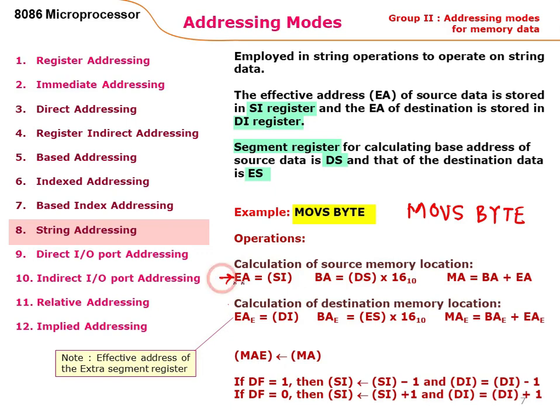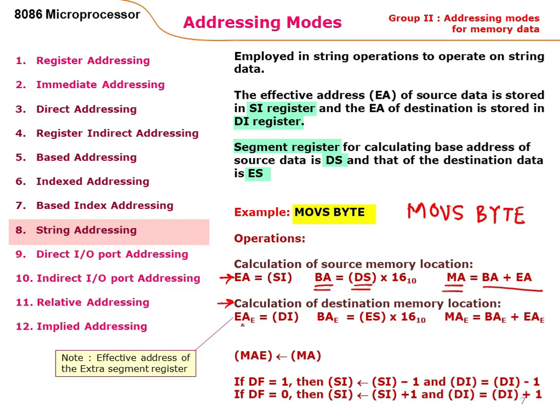The effective address of the source is stored in the source index register, and the base address is calculated with the help of the data segment register multiplied by 16. The memory address of the source is calculated by adding the base address and the effective address. Similarly, the destination memory location can be calculated.